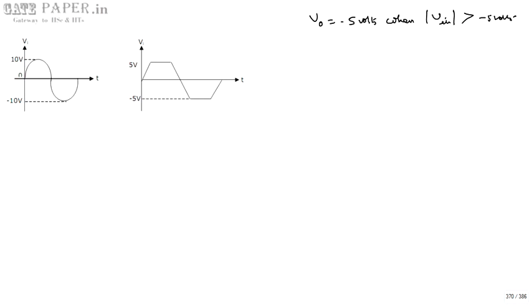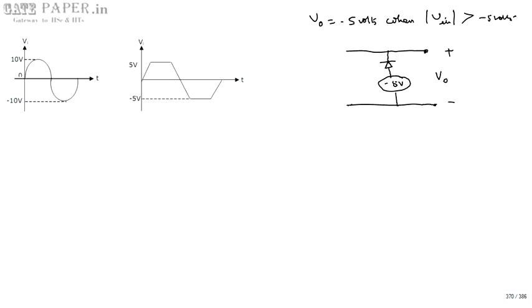For that, the output voltage has to be stuck at minus 5 volts. So we are going with a reference voltage of minus 5 volts. That minus 5 volts is the reference, and it has to be equal to V0. So there must be a diode that should get forward biased.